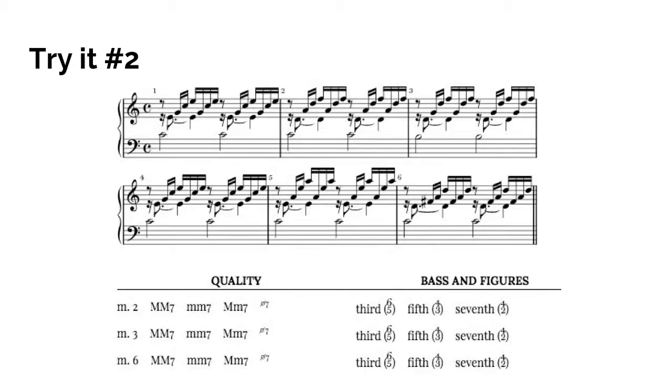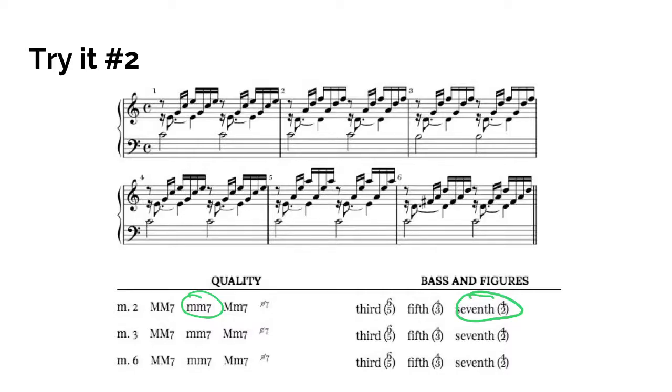All right, so we're looking at measure 2. Our quality, out of the four, either major, major minor, minor, or half diminished: this is a minor 7, and the seventh is in the bass.